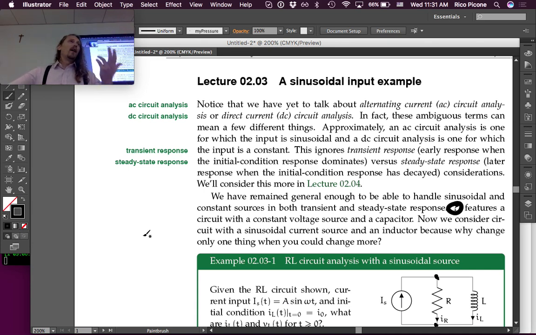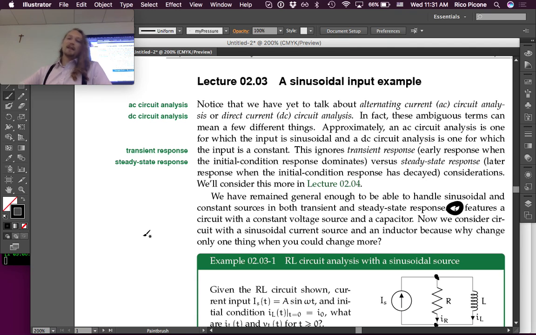So all of AC and DC circuit analysis is still packed into what we've done. We've never made any assumptions about the type of input it is, or that it's in steady state versus transient response. So everything we're doing applies to all of these cases.